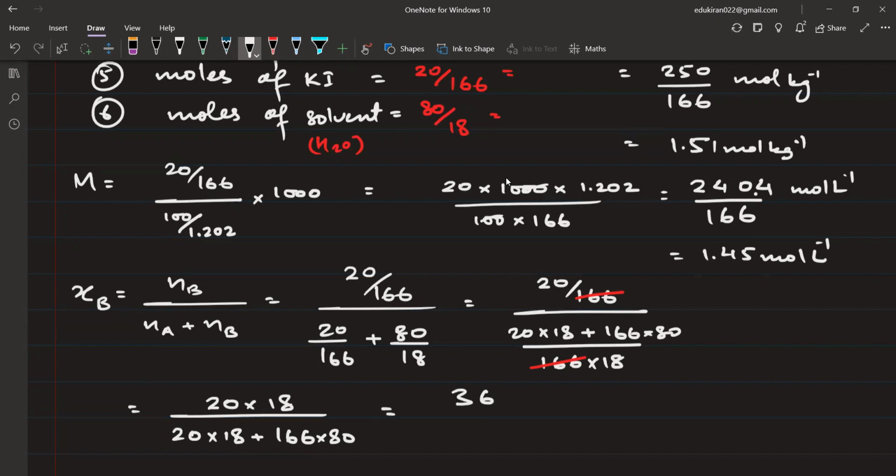20 into 18 is 360, so this will be 360 divided by 360 plus 166 into 80, which will be equal to 13280.